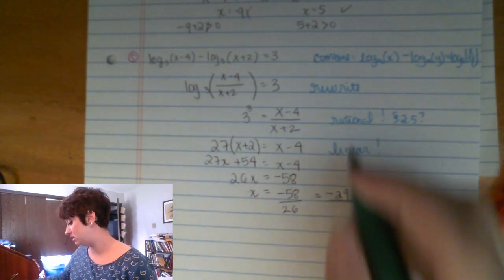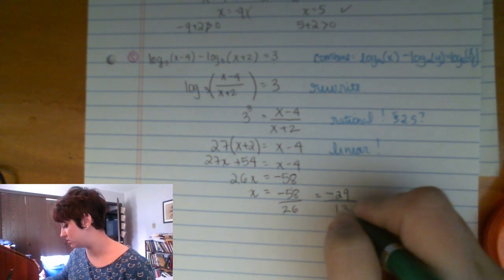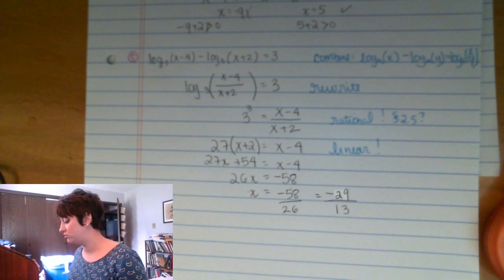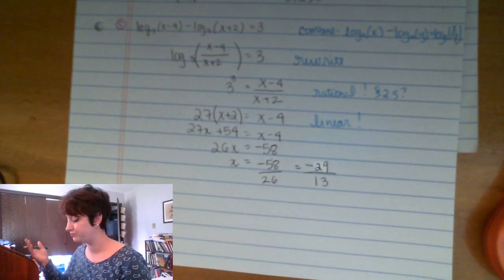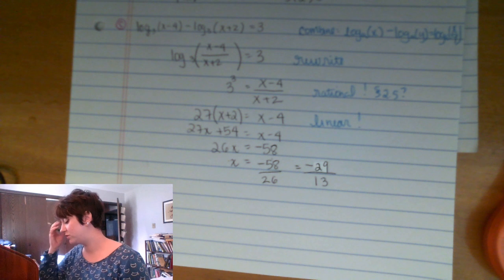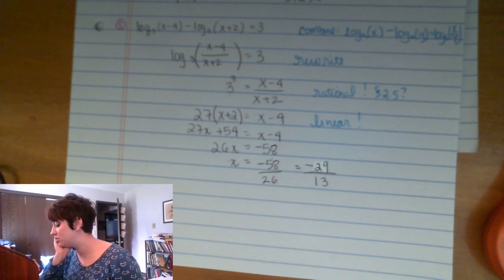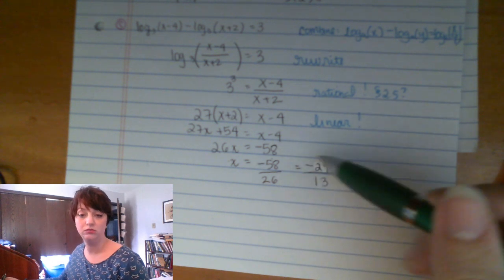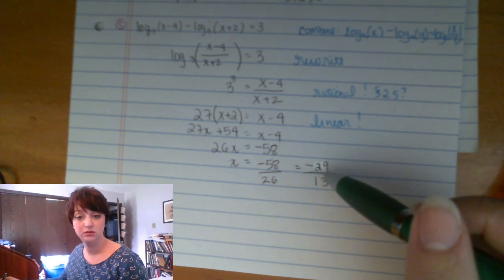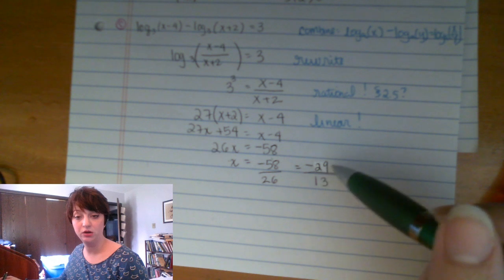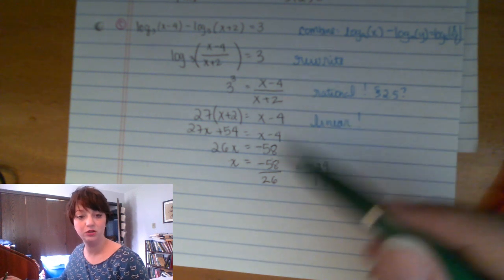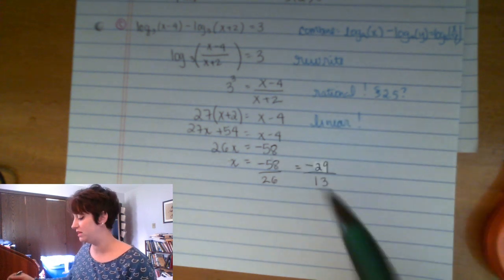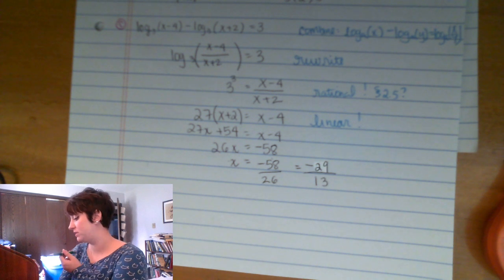And then 26 divided by 2 is 13. So I get negative 29 over 13. Now, 13 times 2 is 26. So this is, you know, a little bit bigger, well, bigger in absolute value, but a little bit smaller than 2. This should be negative 2.3 or something like that.